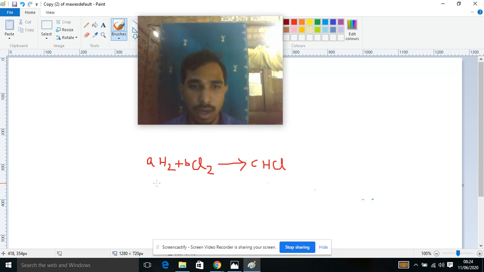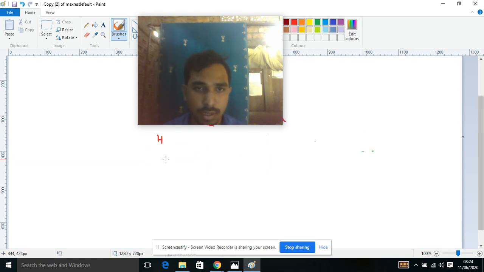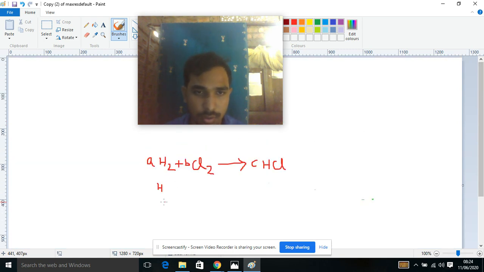A, the hydrogen here, how many are there? Hydrogen here there are two, twice A, and since it is a balanced equation, we know the law of conservation. According to the law of conservation, the number of atoms on the left side is equal to the number of atoms on the right side.